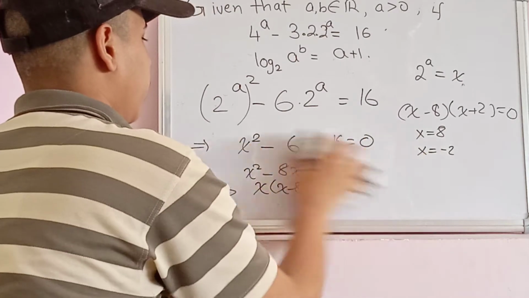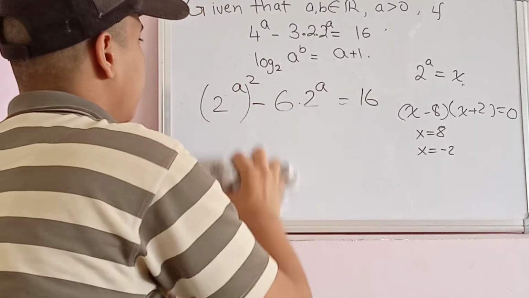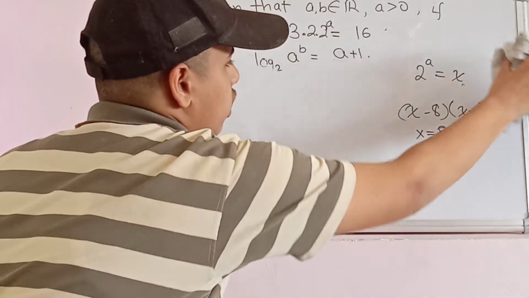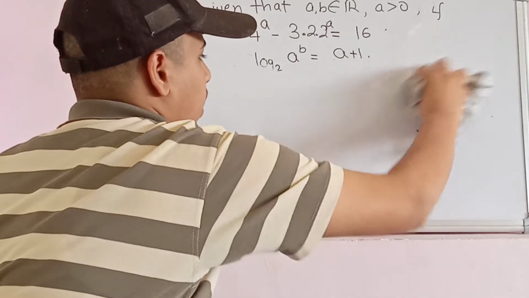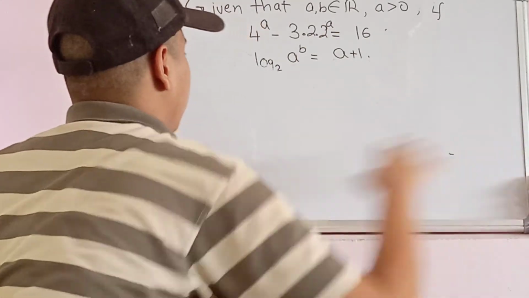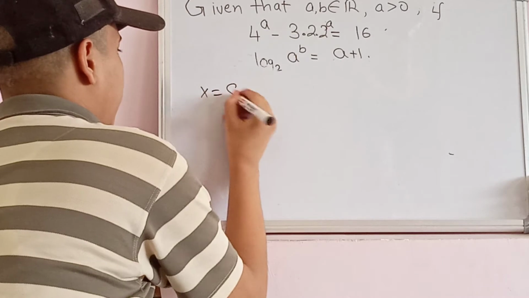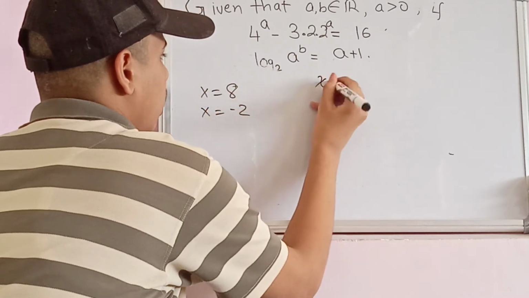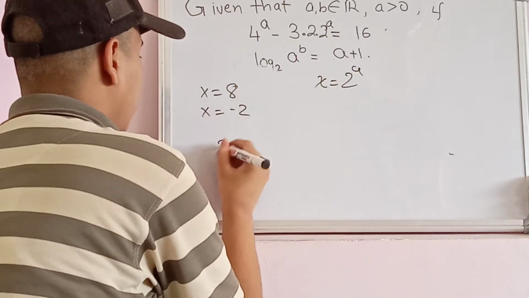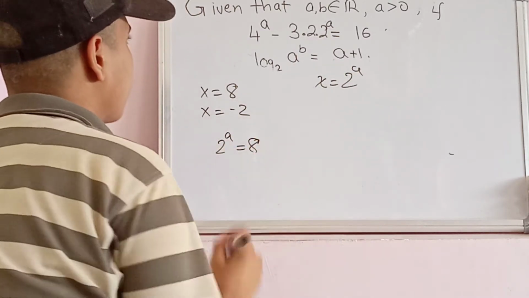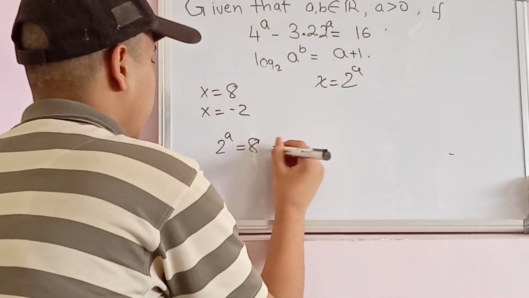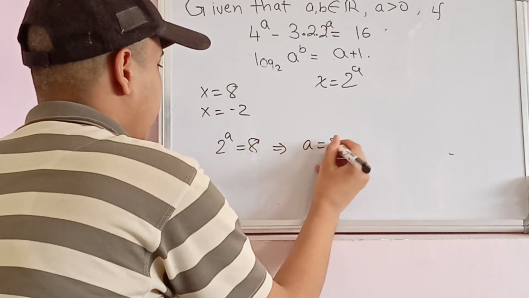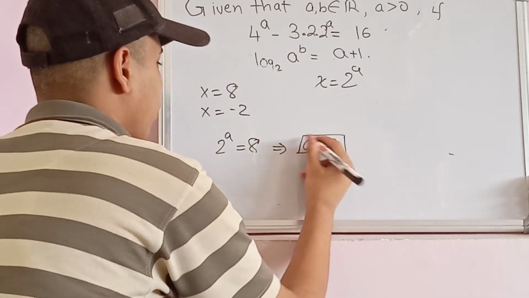That's what we get. We can remove all of the stuff which we used to derive this relation, and we are left with these two relations: x equals 8 and x equals negative 2. We should remember what x was. x was 2 to the a. 2 to the a is equal to 8. a is positive, so this means that a is 3. Obviously it will be 3.